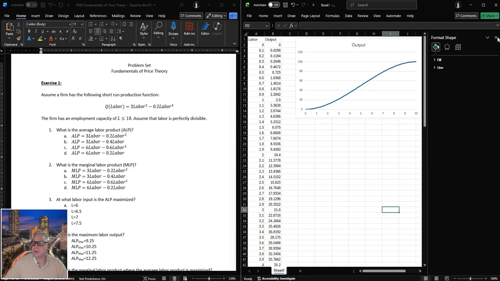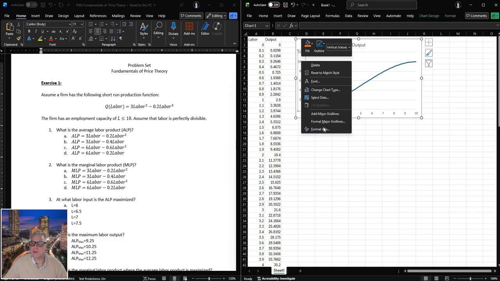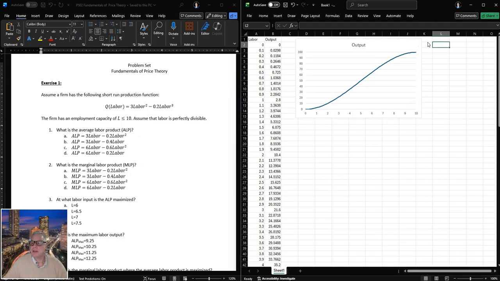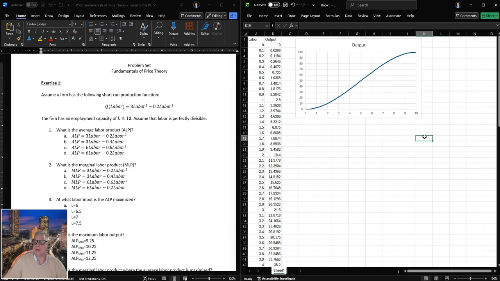Okay, so now it looks a little bit more organized. And since the maximum is 100, let's just limit it to 100. And we can also add vertical grid lines. Okay, so now it looks really nice.